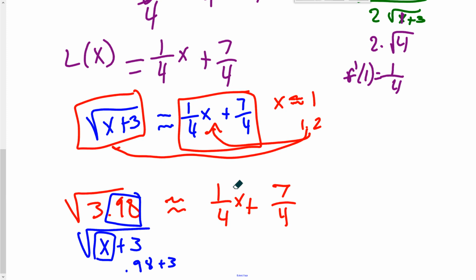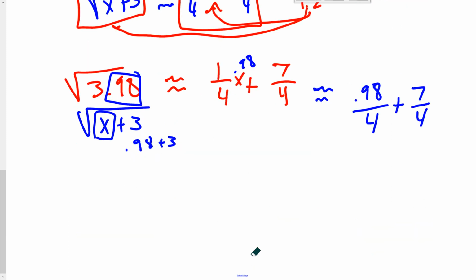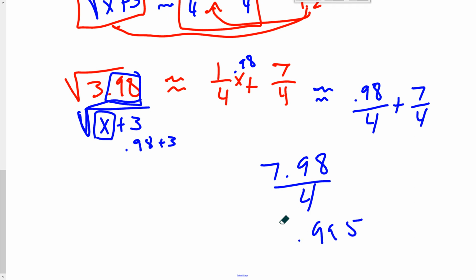So my x is 0.98. So this is approximately 0.98/4 plus 7/4, which would be 7.98/4. And now I could do that on the calculator, maybe easier than doing it by hand. So that is 1.995.